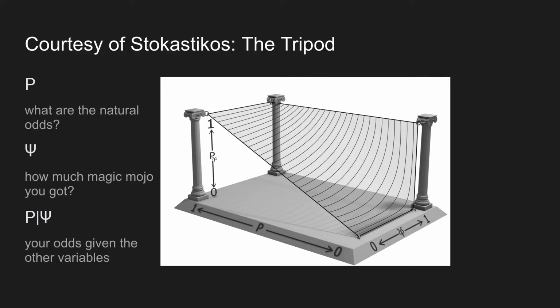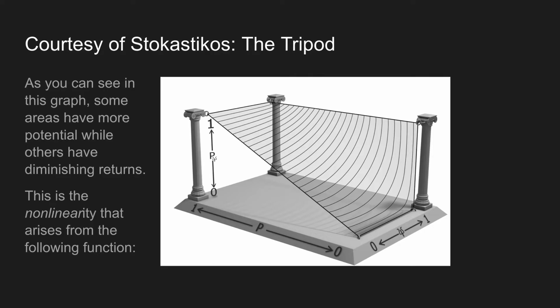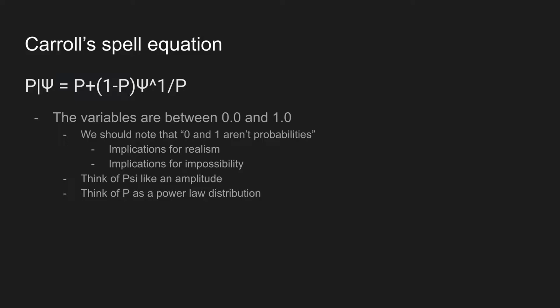There are going to be diminishing returns. There's a marginality of the utility of using different combinations of natural odds with your magical application. This is the nonlinearity that arises from the function.